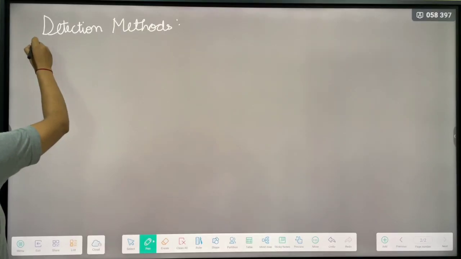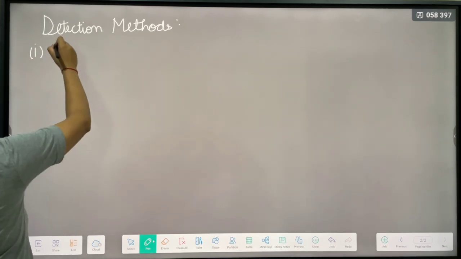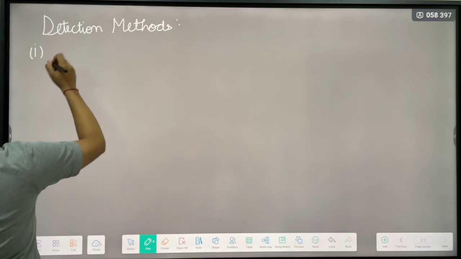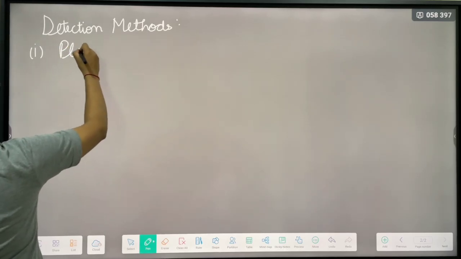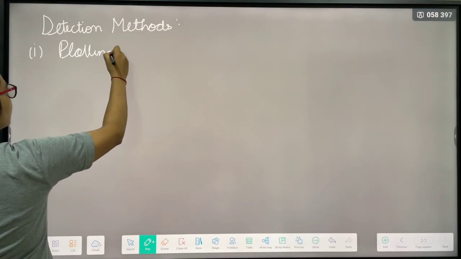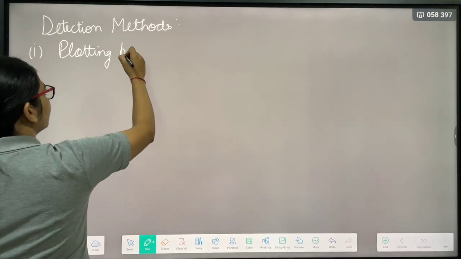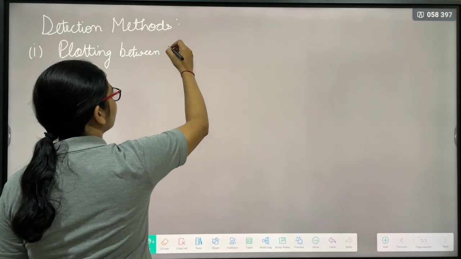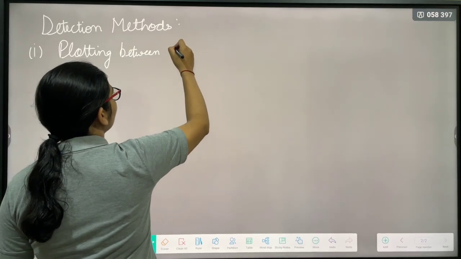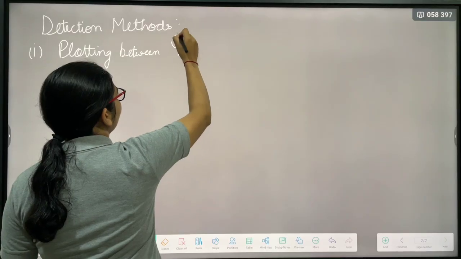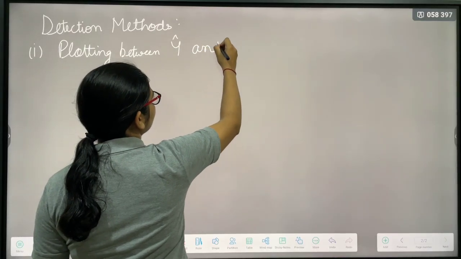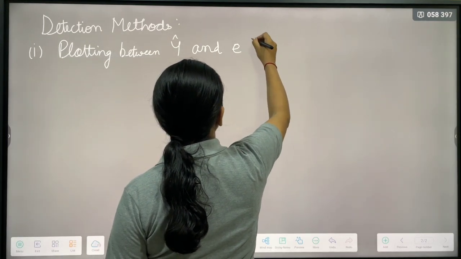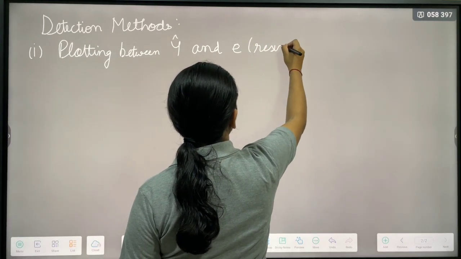The first method of detection is plotting the predicted value of y against e, which is nothing but the residual.